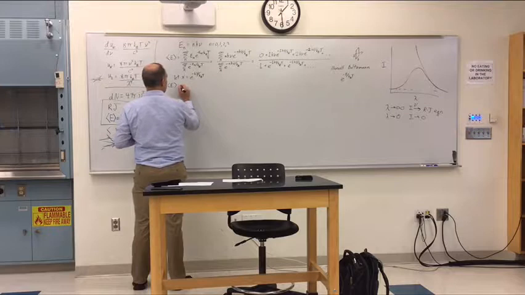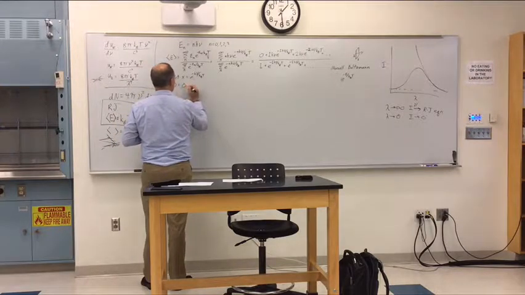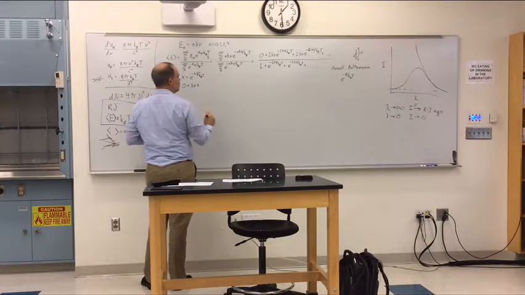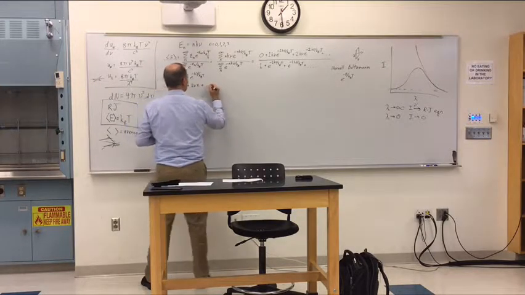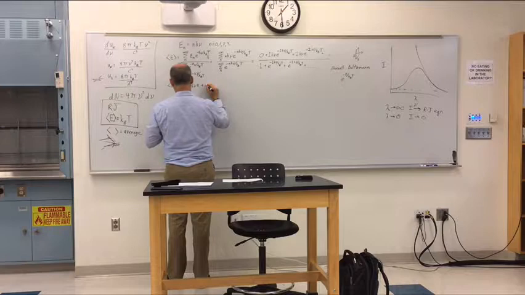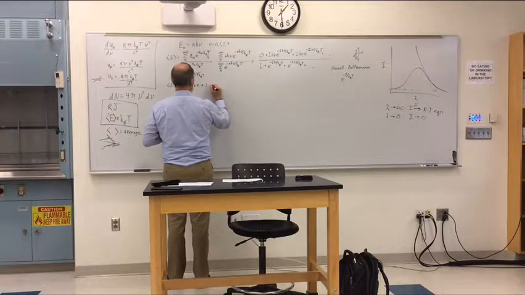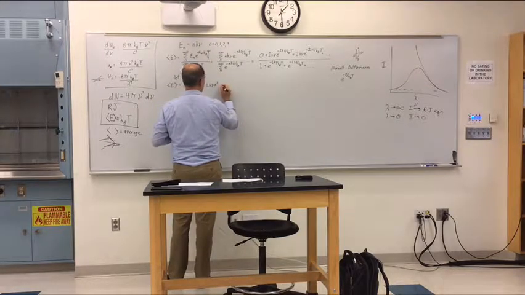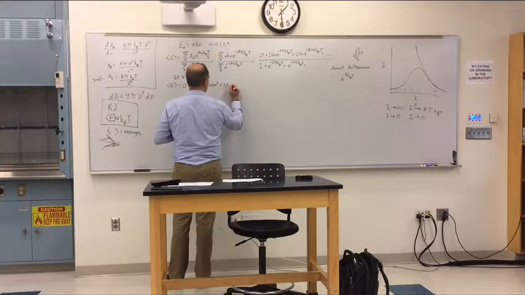So our average energy is equal to 0 plus h nu x plus 2 h nu x squared plus 3 h nu x to the third power.